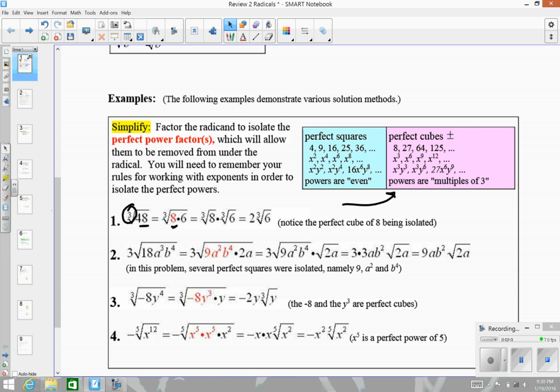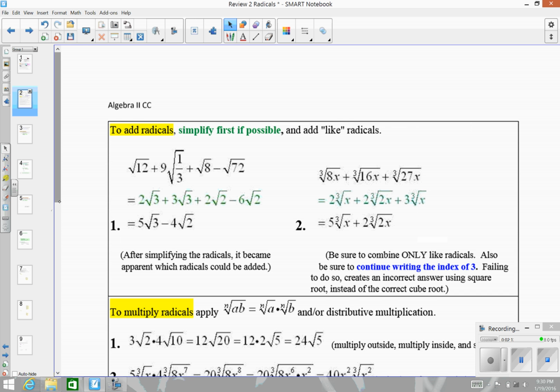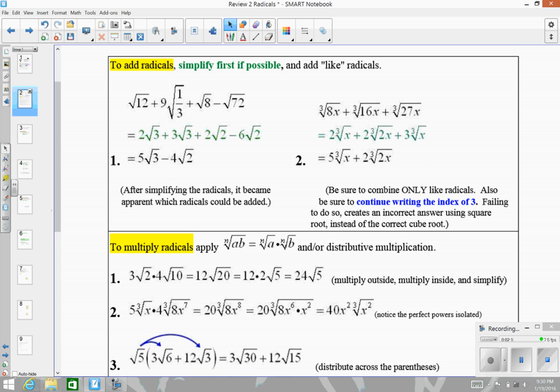Alright, so just a reminder on that, you can go back through, look at the notes on how to do these simplifications. We are going to move on and make sure we talk about how to do some math operations when we have radicals. Alright, when we are adding radicals, we need to make sure we are adding like radicals.